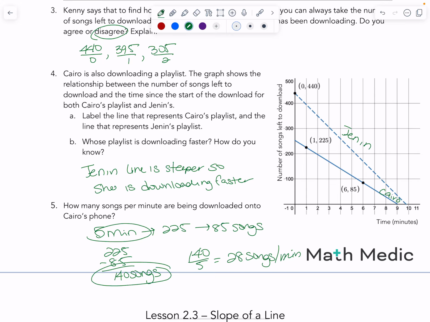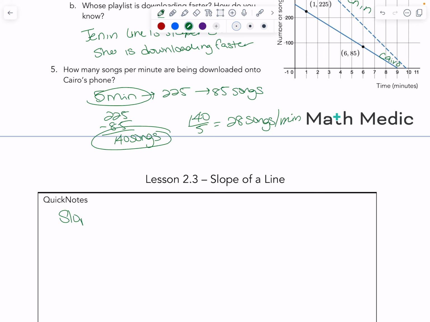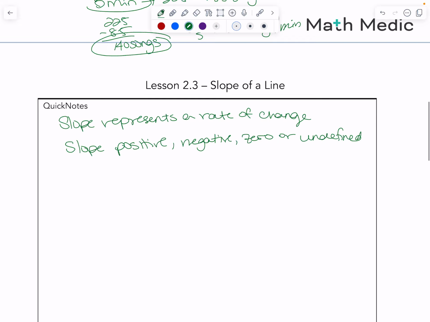Okay. And really what I wanted you guys to get out of this is that slope represents a rate of change. Slope can be positive, negative, 0, or undefined. Slope equals the change in y divided by the change in x.